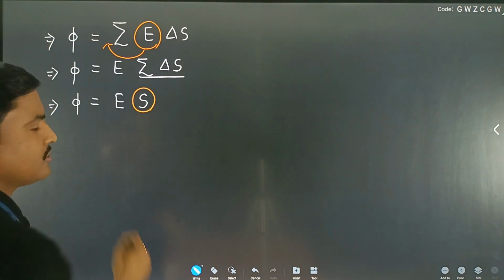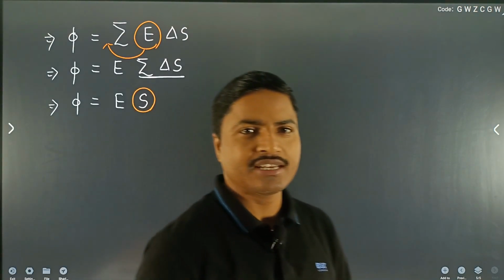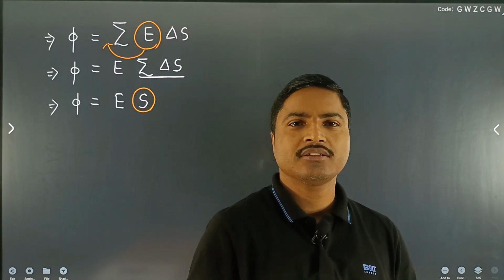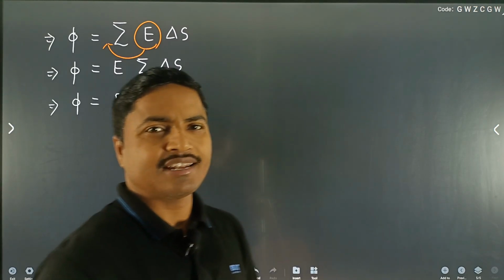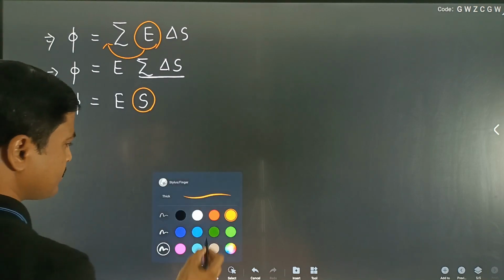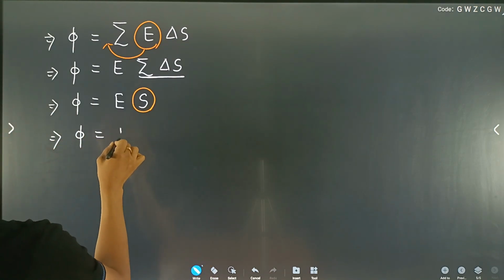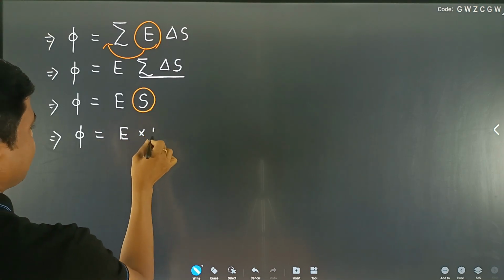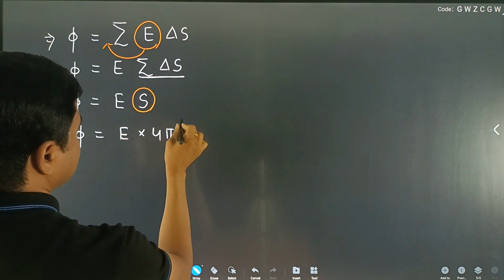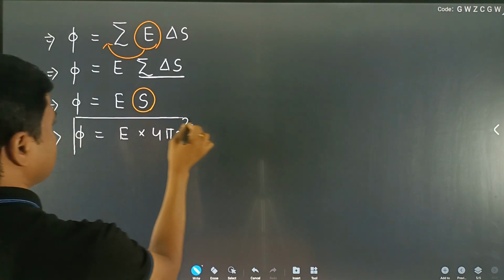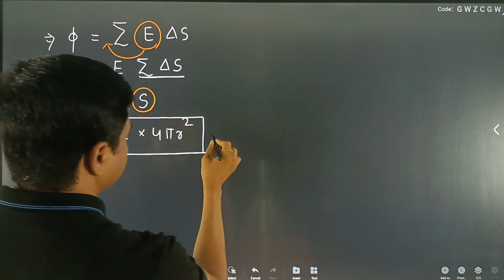S is the total surface area of the spherical surface, and you know the formula, S is equal to 4 pi r square. So we write phi is equal to E multiplied by 4 pi r square. Suppose this is equation number 1.